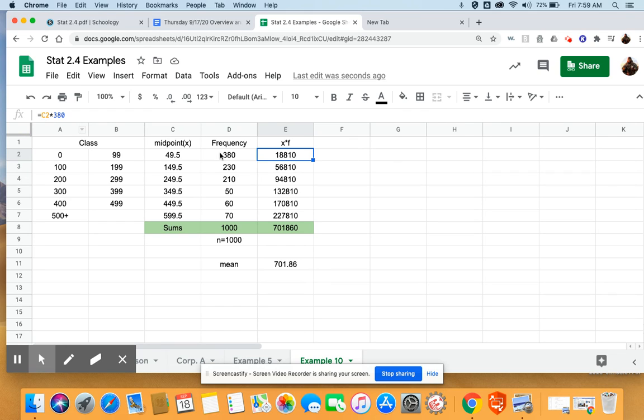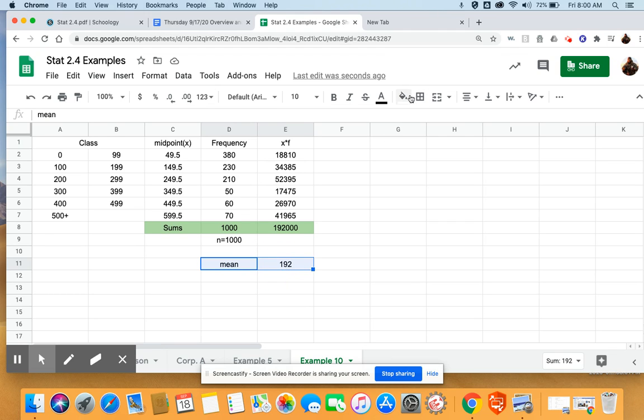I typed in C2 times 380, and so it has kept that 380 through all of these. Good thing we double checked. So we're going to change that formula to equals this cell times this cell. And now we're going to drag and drop. And when we do this, Sheets should automatically adjust every calculation that we did. And it did. So now we've got 192,000 as our sum, mean of 192.